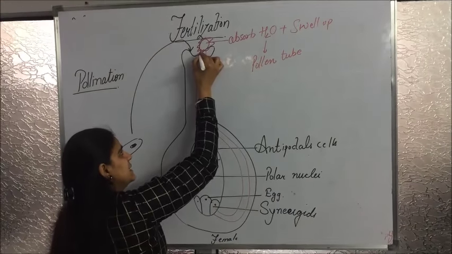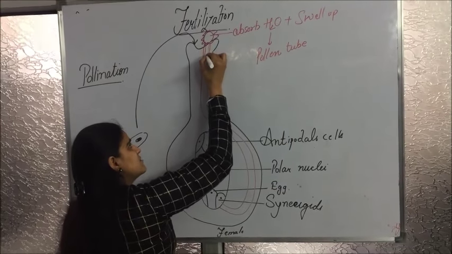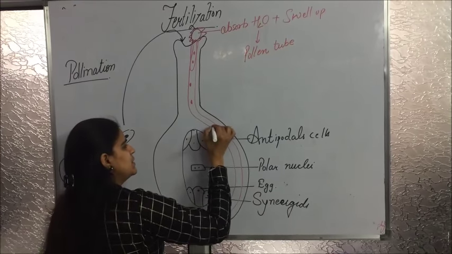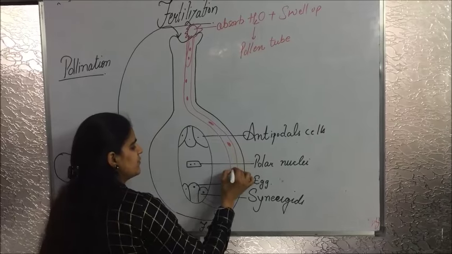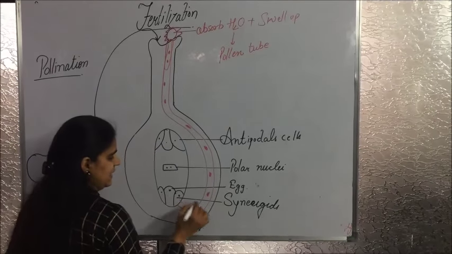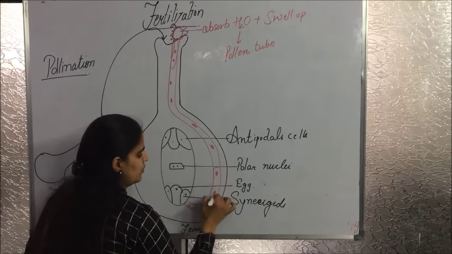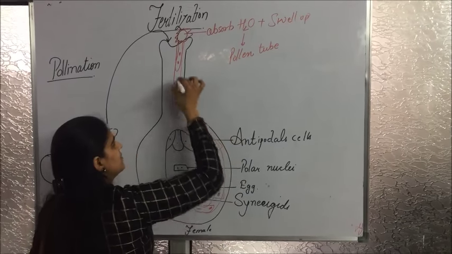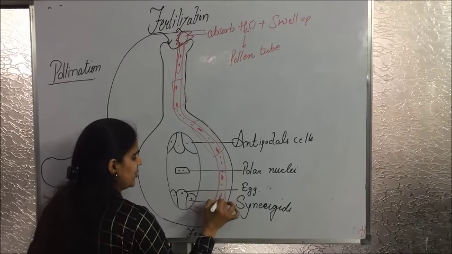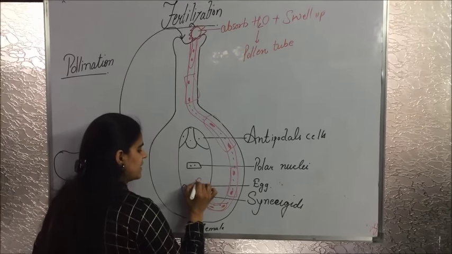And when these male gametes reach the female gametophyte through this pollen tube, the main part is the egg. These are 2. I will show you the movement: they slip towards the pollen tube and reach the egg.